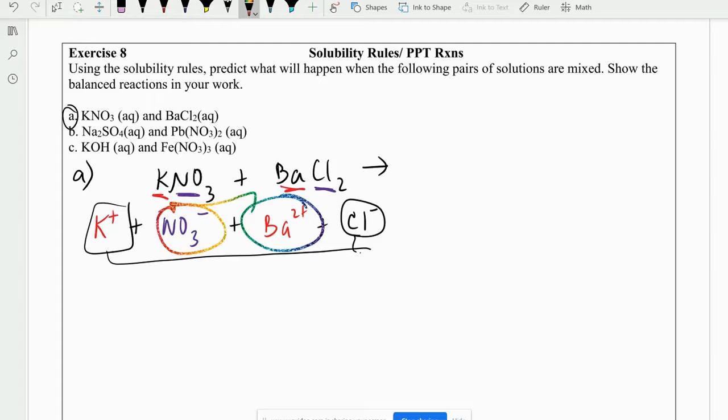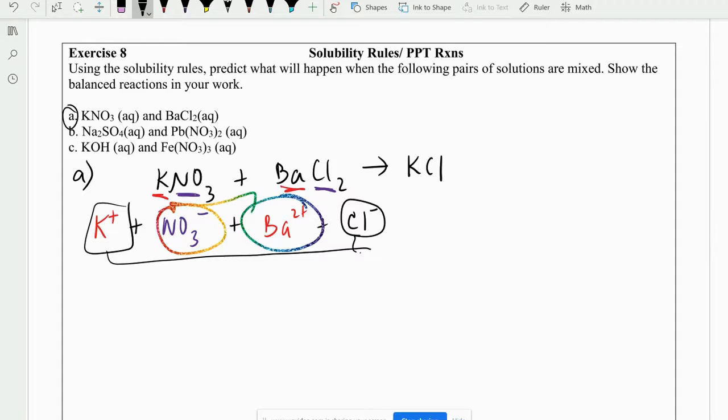So what you're going to do now is, on the product side, rewrite the new combination. Up here, back at the top, potassium, which is a +1, is going to hook up with chlorine, which is a -1. Remember, to write the compound, these two charges have to balance to 0. It just so happens a +1 and a -1 equals 0. So do not write the ion charges. You'll simply write the compound with no charges because the charges are no longer there.